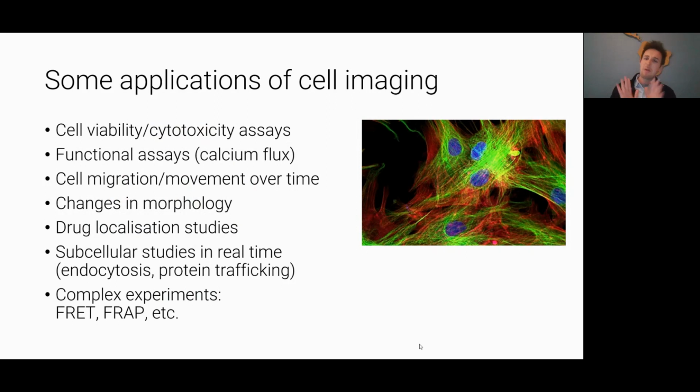And then much more what we call complex experiments, things like the FRET I mentioned a bit earlier, if maybe you want to look at the relationship between two fluorescently labeled proteins. Or another, it's not so complex, it's a fairly simple experiment, but it's sort of thought of as a more complex experiment, is what we call FRAP, or fluorescence recovery after photobleaching.